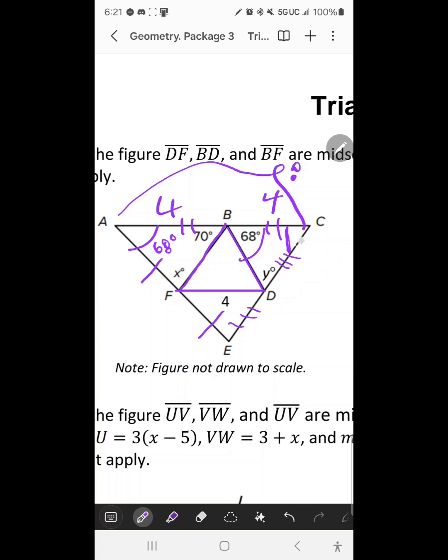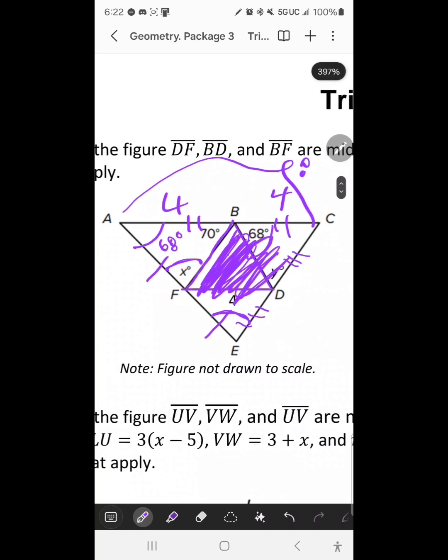So I'm going to suppose again these two do not exist. So therefore, this angle will be equal to this angle.